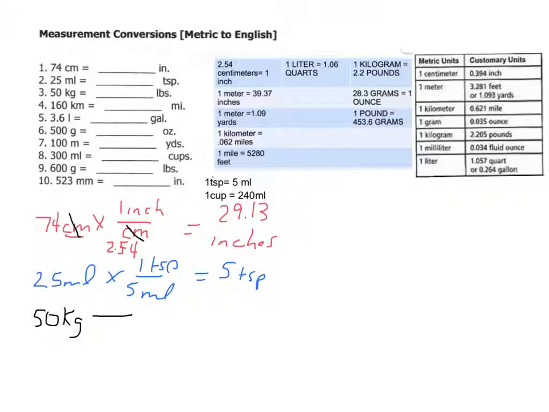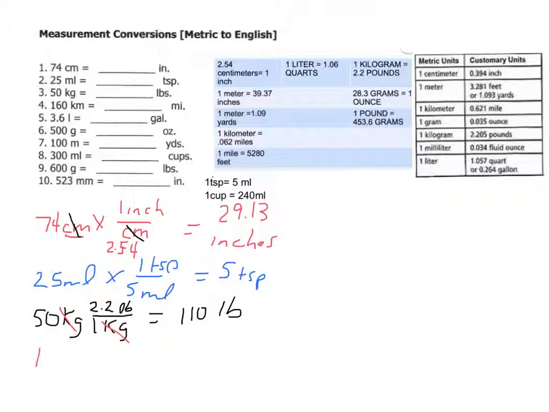Now because kilograms was given, the 1 kilogram goes on the bottom. The 2.2 pounds goes on top. Again, this allows our kilograms to cancel out. We do our math and we get 110 pounds.